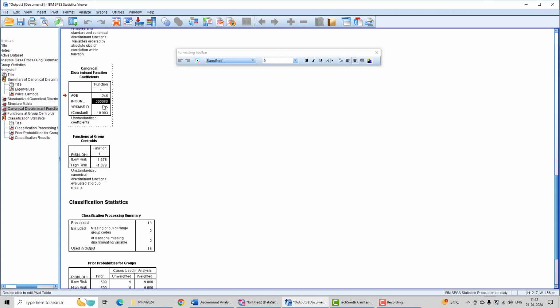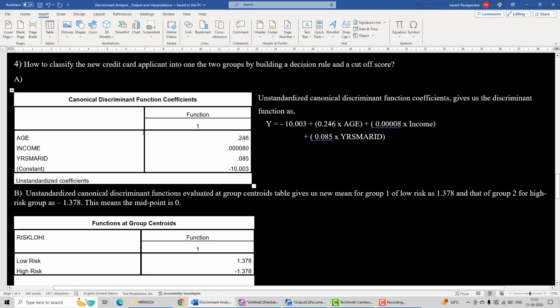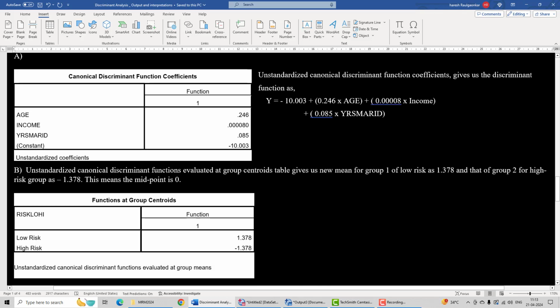So coming back to our table, this unstandardized coefficients table will give us the function: the constant minus 10.003 plus 0.246 into age plus 0.00008 into income plus 0.085 into years of marriage, and this will give me a Y value, which I have to now compare using the other table, which is functions at group centroids.